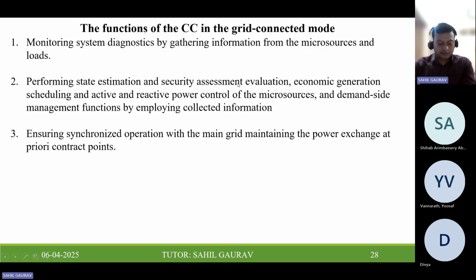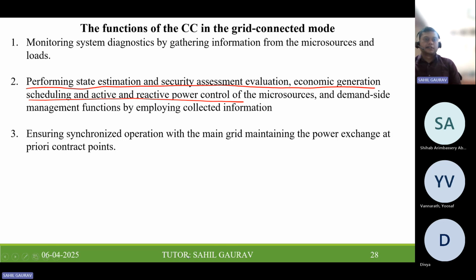What are the functions of the central controller in the grid connected mode? It can be used for monitoring and system diagnostics by gathering information from the micro sources and loads, and it performs state estimation and security assessment evaluation, economic generation scheduling, and active power control with the micro sources, and demand side management functions by employing collected information, ensuring synchronized operation with the main grid, and maintaining the power exchange at the primary contact points.